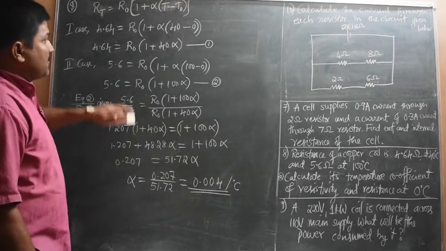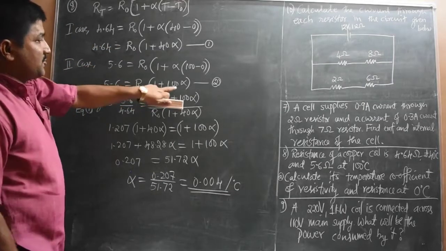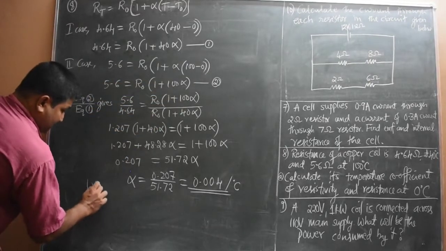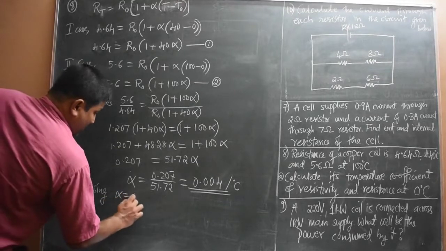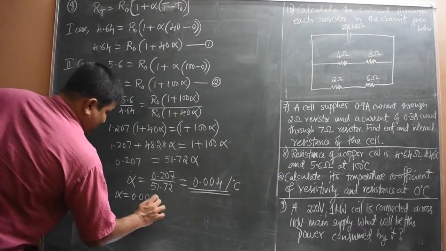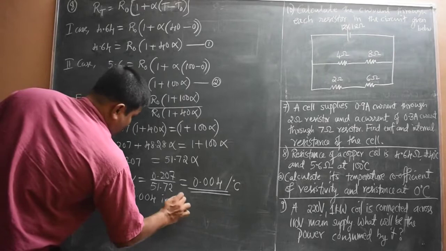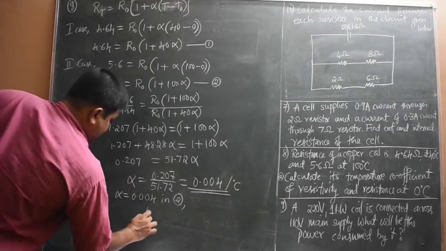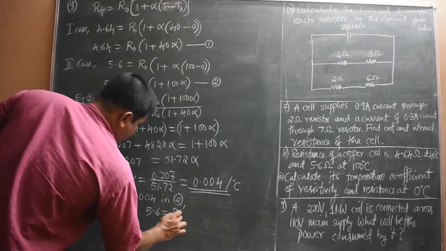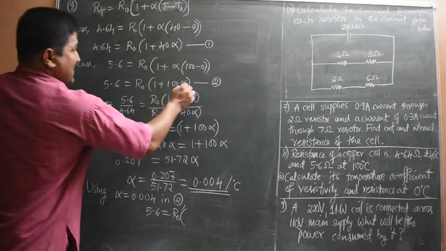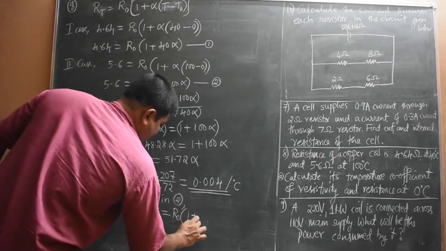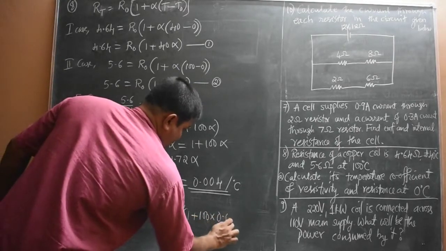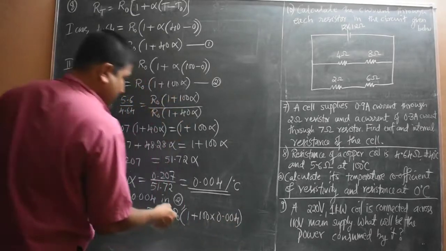After getting the alpha value, put it in any one of the equations. I will substitute in the second equation as there is 100. Using alpha equal to 0.004 in equation 2, what I have is 5.6 on the LHS equal to R0 into 1 plus 100 alpha. So 1 plus 100 into 0.004, which we got from the previous calculation.